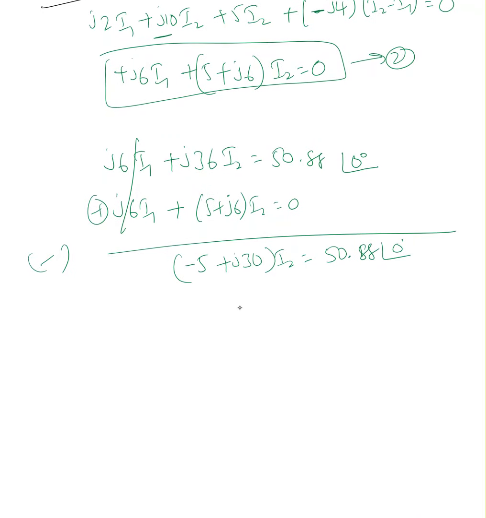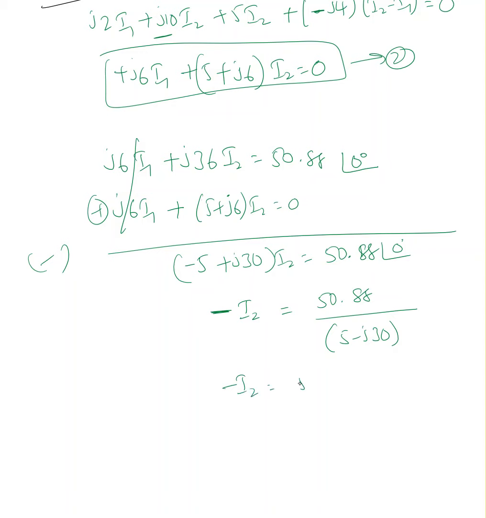So if I take my I2 equal to 50.88, let me keep this as negative I2. I pulled the negative outside, so it's going to be 5 minus J30.